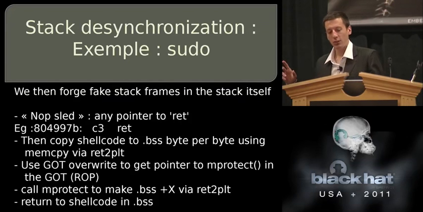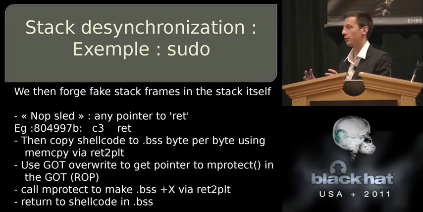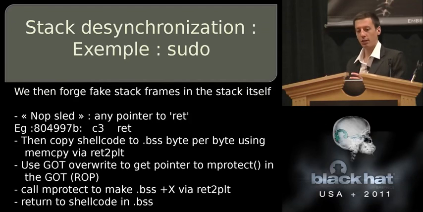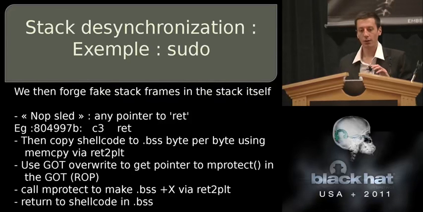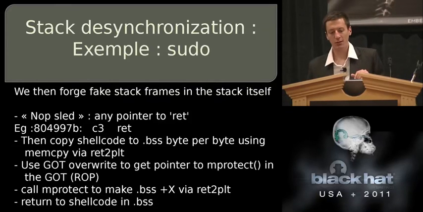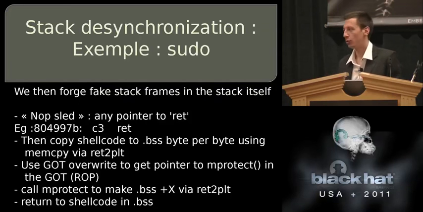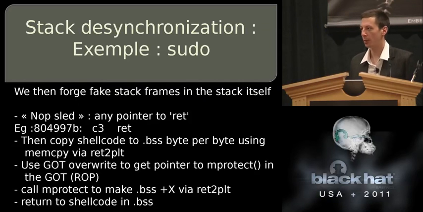So we copy the shellcode by forging fake stack frames that copy byte per byte the shellcode we want into the BSS section. This is standard stuff using ret to PLT. The PLT is also not randomized. It's inside the main executable.